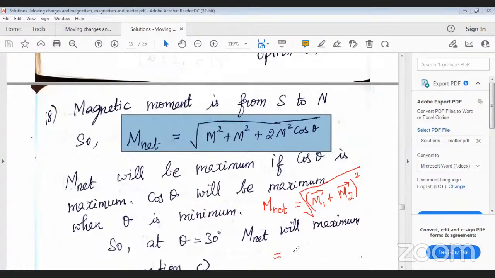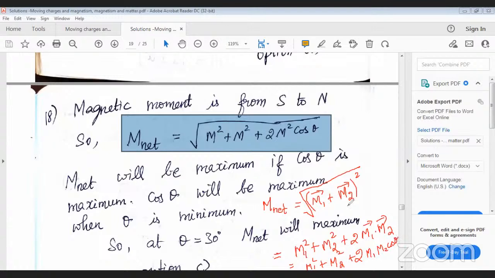When you take the square root of this, what you will get is m1 squared plus m2 squared plus 2 into m1 dot m2. This is the equation, and this dot product is m1 m2 cos theta, where theta is the angle between m1 and m2.